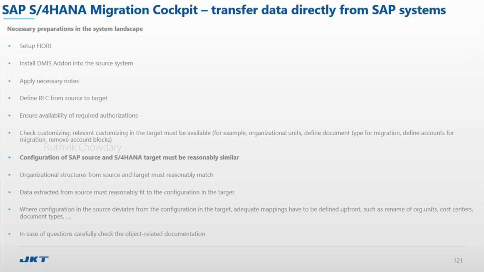So we need to cross-check whether our ECC configuration, organization units and all the things are the same as the S4HANA system. Once it is done, then the entire organization structures and all the things will be replicated into the S4HANA system. So in that way, the migration cockpit option by using direct transfer is not suitable for all businesses. It will support only fashion and retail.